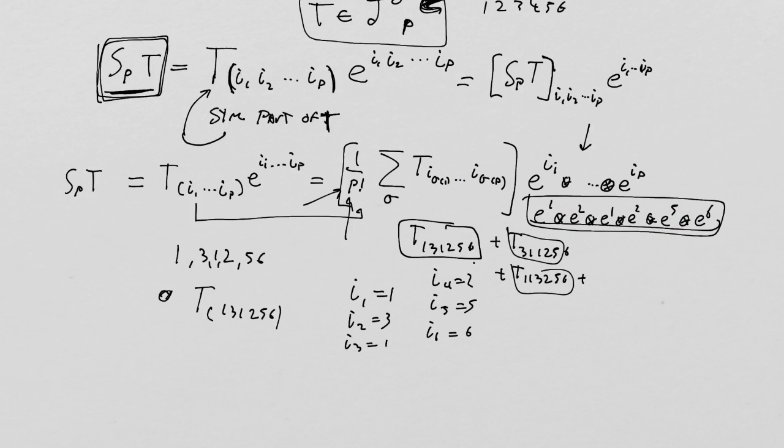So if I did this whole calculation for these, I end up with this number times this basis vector.